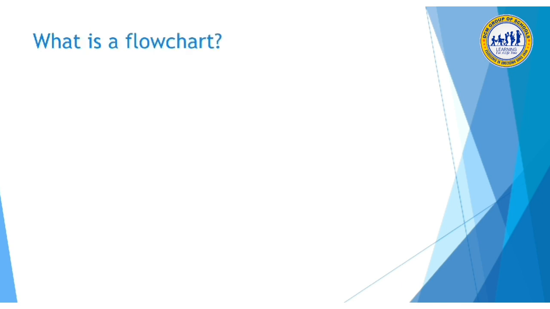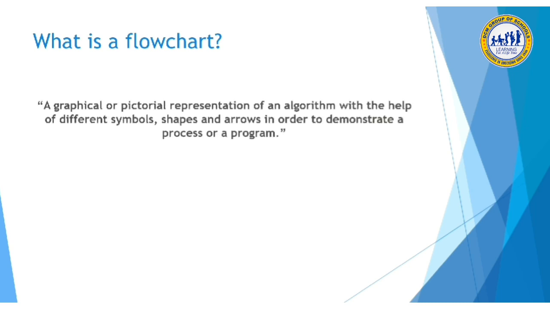Now, let's understand what a flowchart is. A flowchart is a graphical or pictorial representation of an algorithm, with the help of different symbols, shapes, and arrows in order to demonstrate a program.